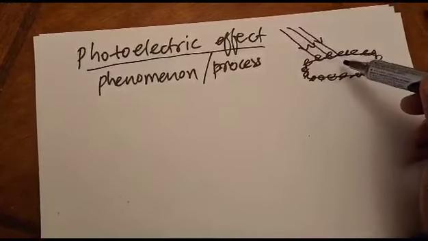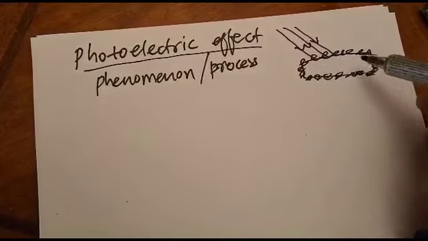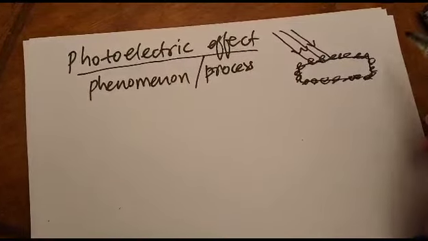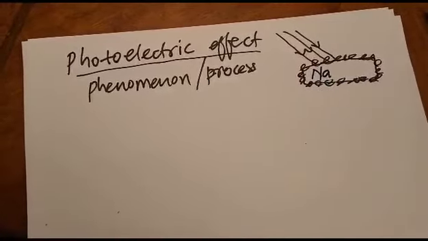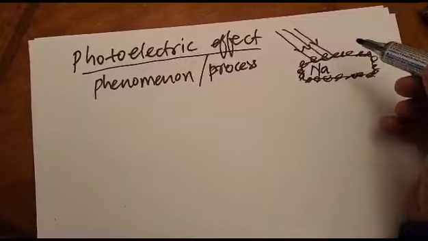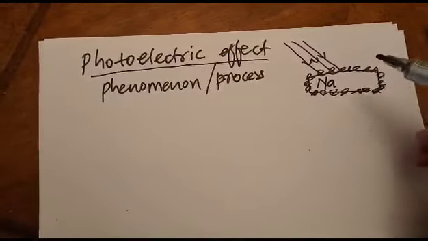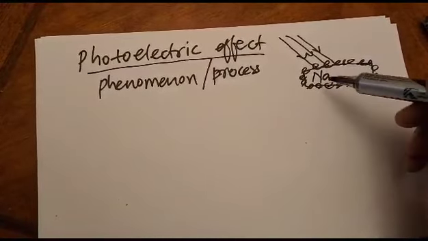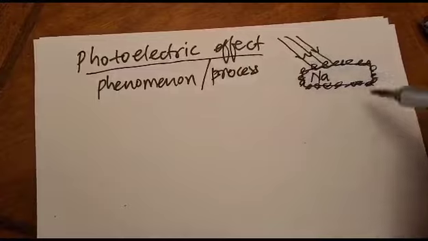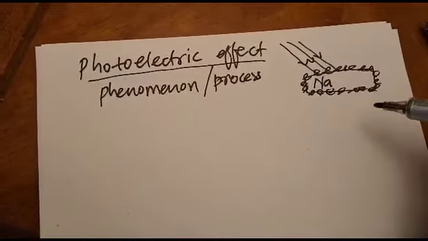So when light is irradiated on a metal, the particles that will be exposed will be electrons. Each metal has its own so-called natural frequency or threshold frequency. The electrons floating around the metal will have the same frequency as that of the metal.